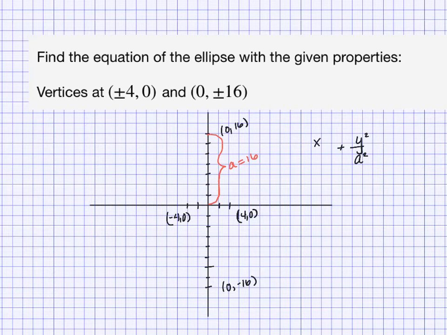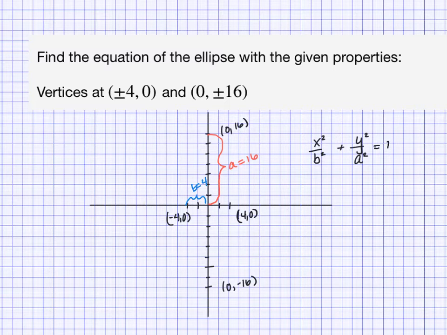And so my equation is x squared over b squared plus y squared over a squared is equal to 1. My a value is the distance from the origin to the major vertex, and my b value is the distance from the origin to my minor, so that b is going to be equal to 4.